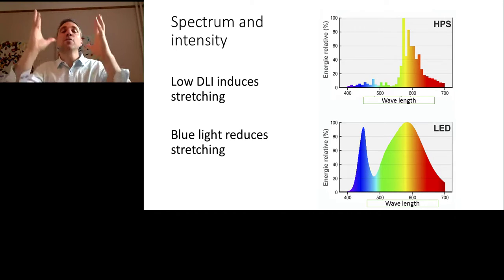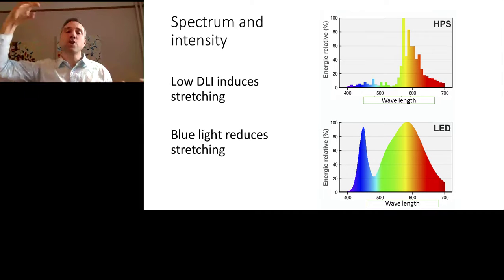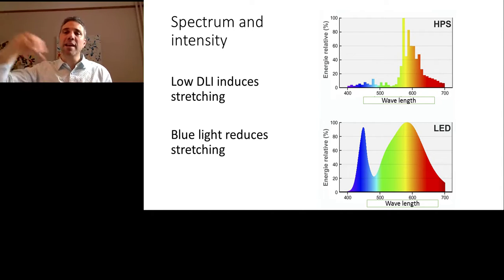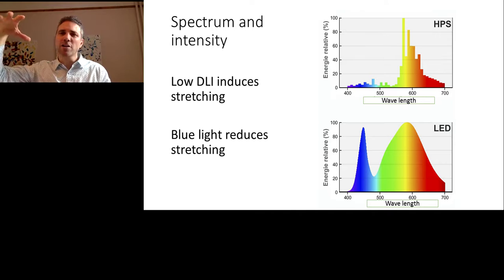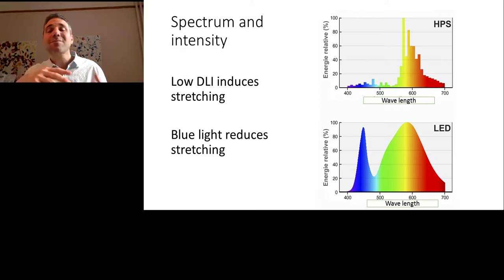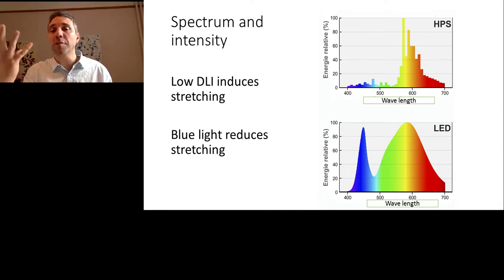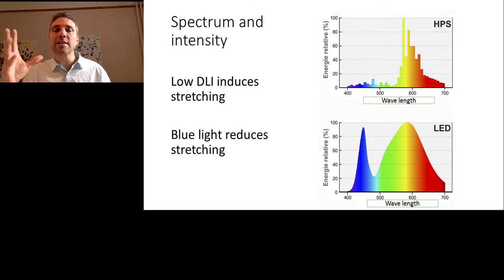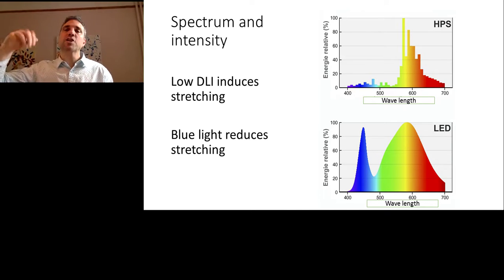It'll induce the plant to stretch, which tends to make the final plant much longer than the plant at its vegging stage. It also has some detrimental impacts on the quality of the plant, but I won't get into that here because we're talking about space allocation. The point is, if you're not using enough light, it can cause stretching, and that's going to have an impact on how you allocate space.